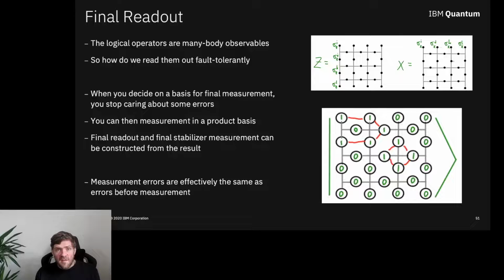If you have measurement errors, which mean that some of these are lying, it's exactly the same as there being a bit flip just before the measurement, and those bit flips are detected and corrected using the standard ways of this code. So it's all good.